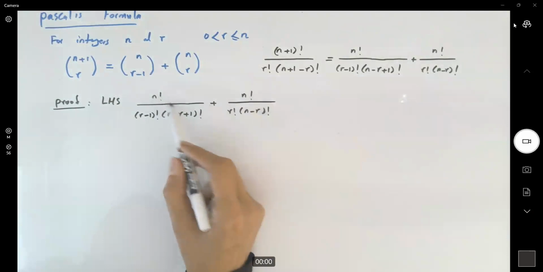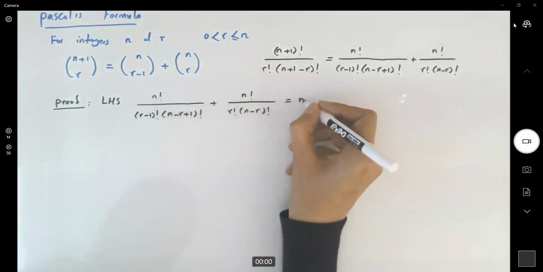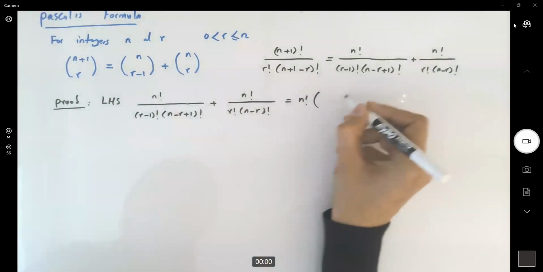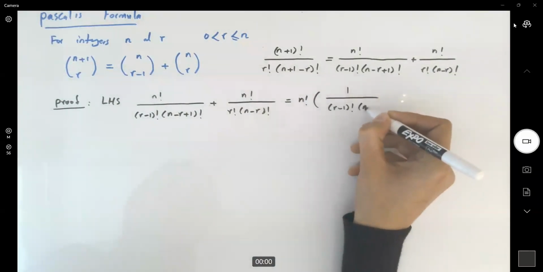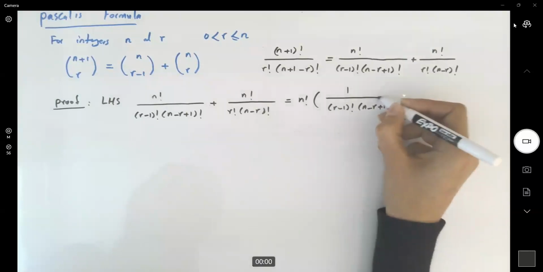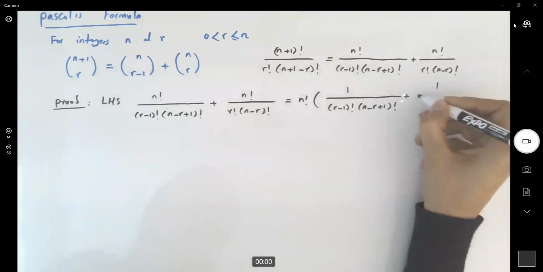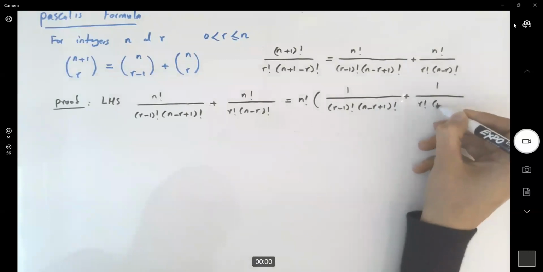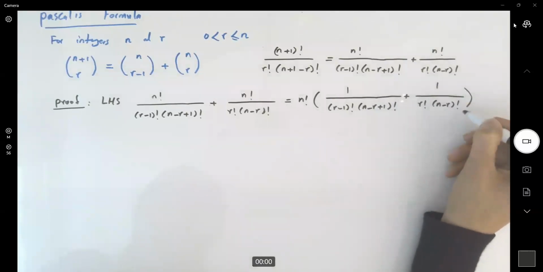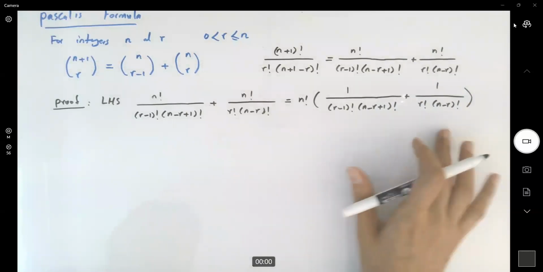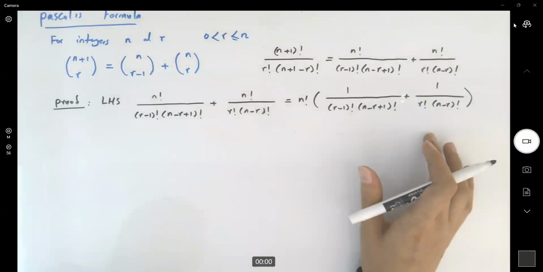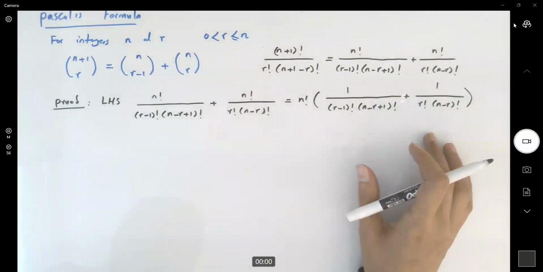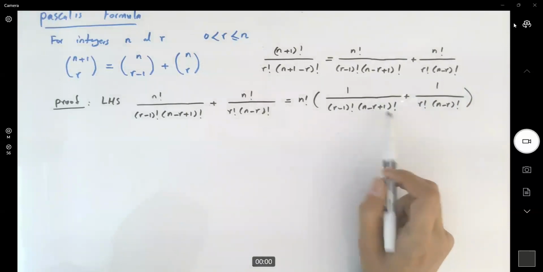Of course, you can just factor out n factorial and write it outside: 1 divided by (r minus 1) factorial (n minus r plus 1) factorial, plus 1 over r factorial (n minus r) factorial. Well, to be able to combine these two fractions, you need to have the same denominator, or find the least common denominator. So let's see how we can break these down.